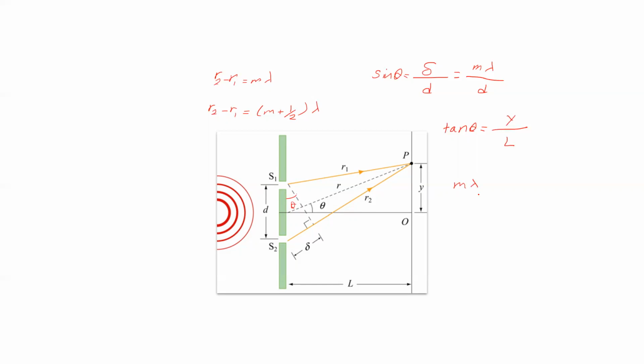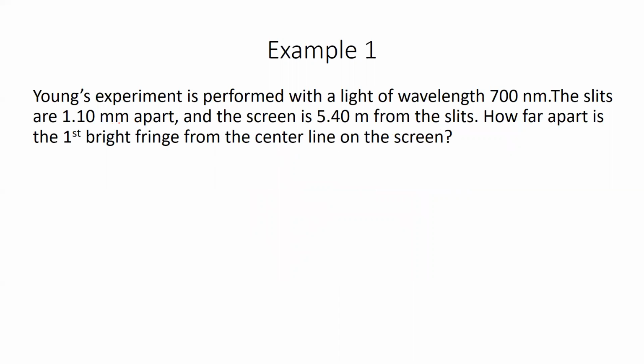So m lambda divided by d equals y divided by L. By doing that, if we know lambda, m, d, and L, we can find y, the distance between this bright band and the central band. Right now, let's do one question.